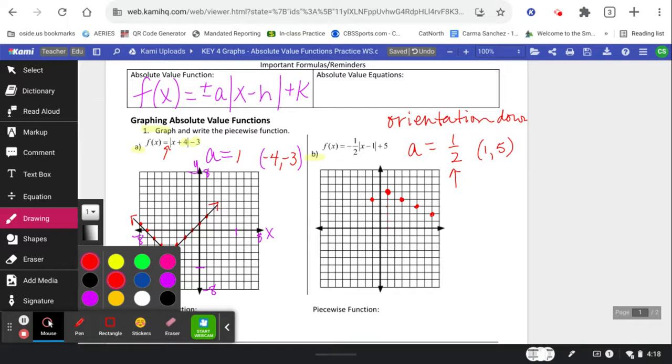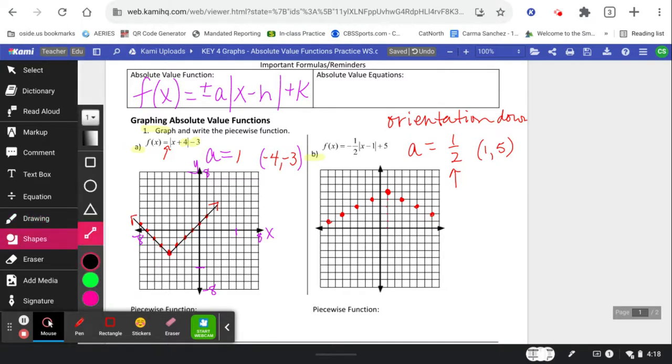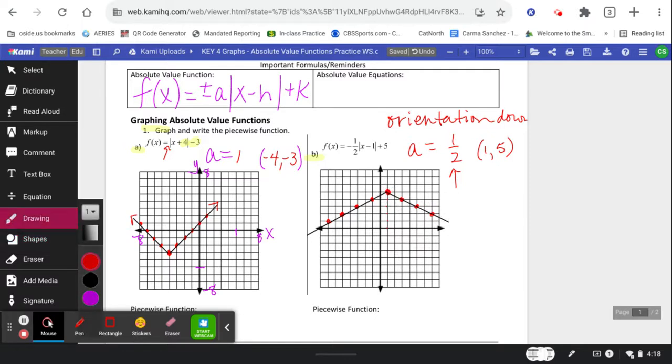And the same in the other direction, down 1, back 2, to create our symmetrical V-shaped graph. Notice that this one is wider than our parent because of that A of 1/2. Don't forget to label and scale your graph, and you're done.